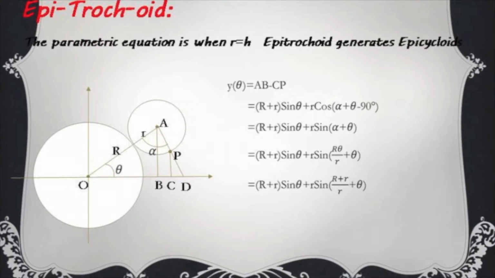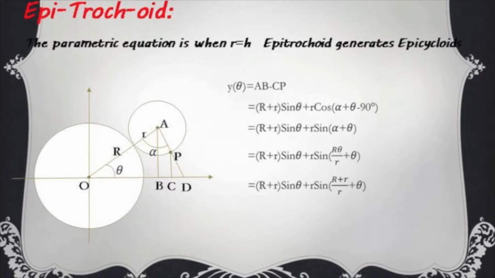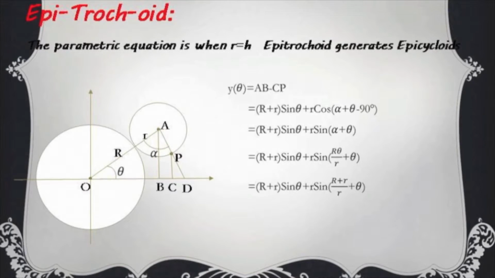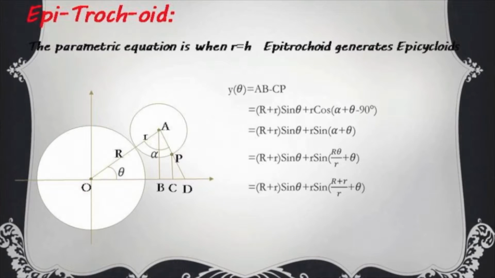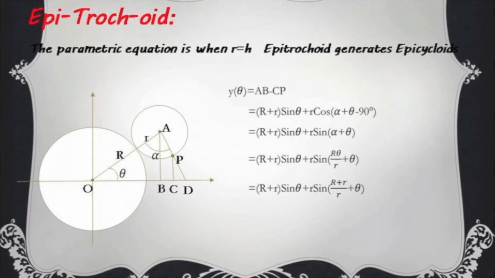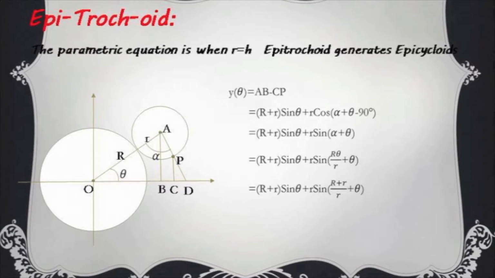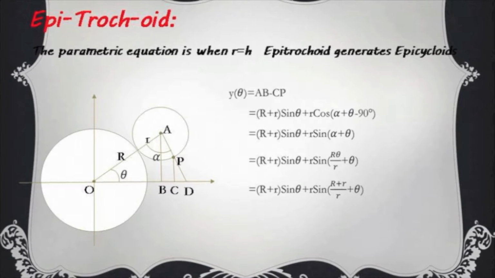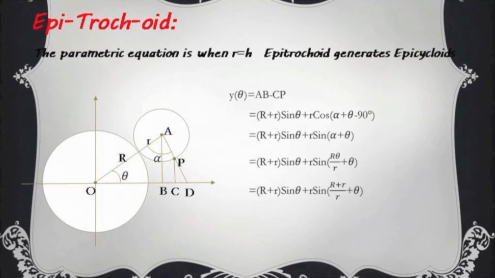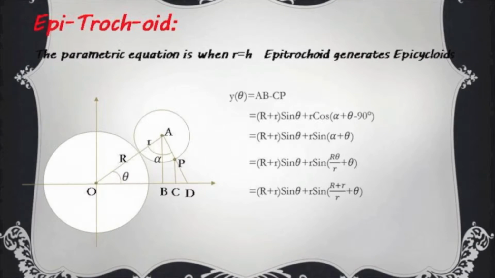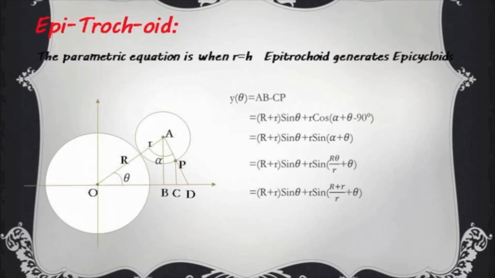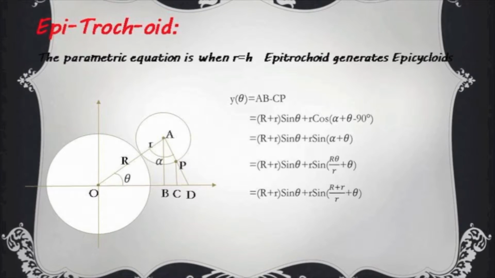And then it equals (r plus small r) sine theta minus small r sine of alpha plus theta. And then it equals (r plus small r) sine theta minus small r sine of alpha, which is r theta over small r, plus theta. And finally, we found that y theta equals (r plus small r) sine theta minus small r sine of ((r plus small r) over small r times theta).